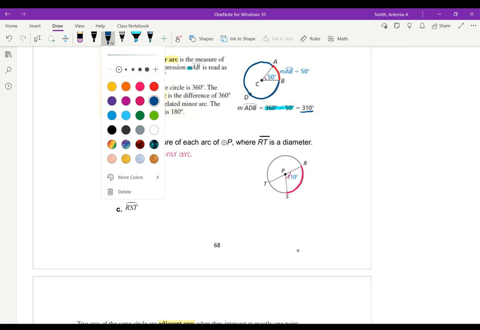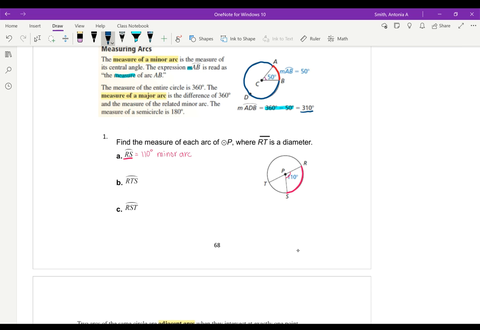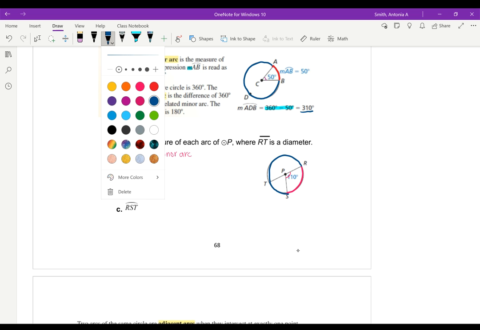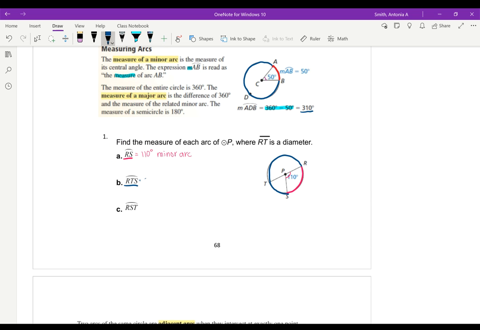Okay, let's do the next one, RTS. So from R to T to S, it tells you the order you should go in. That's the rest of our circle, right? So I can figure this one out by taking 360 degrees and subtracting 110 degrees, which leaves us with 250 degrees.